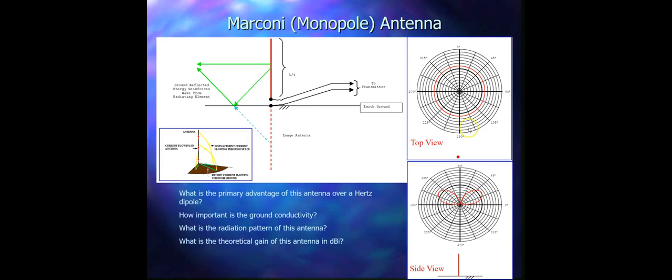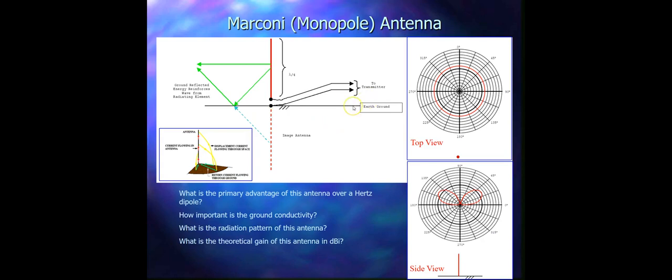On the right-hand side we see the top view of the radiation pattern, and it looks omnidirectional. It has equal intensity in all directions, whereas the side view will look like this, and these are its major lobes.